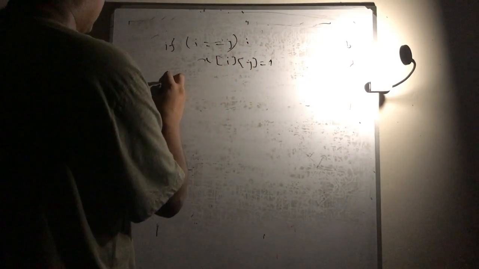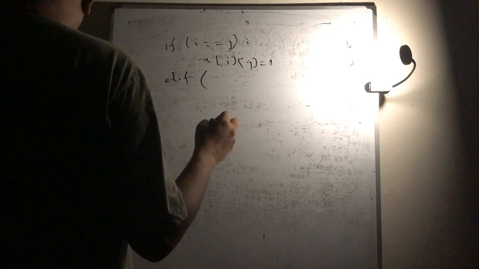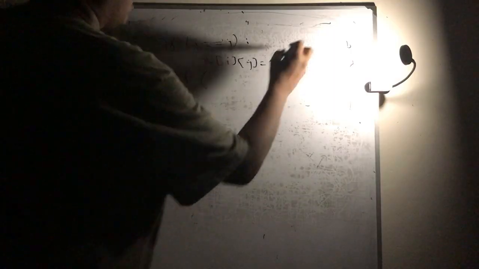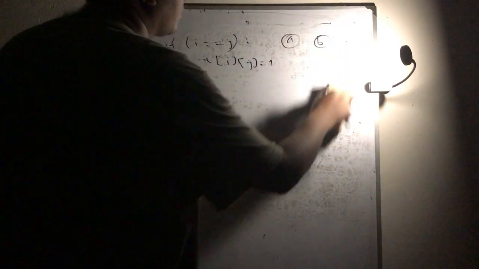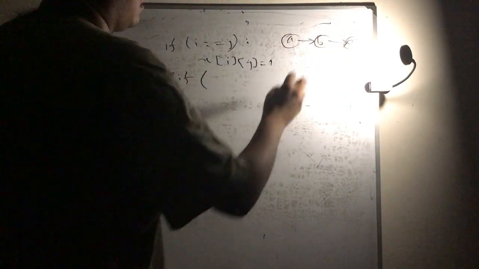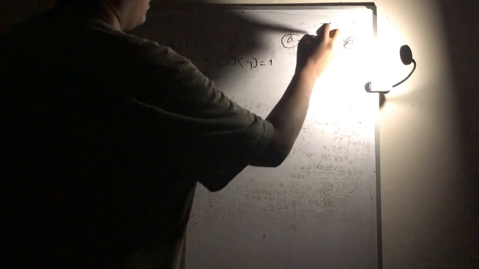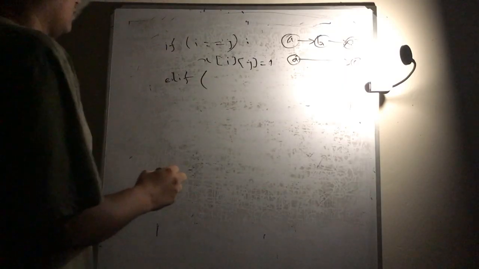Else if, suppose A, B, C, there is no direct path from A to C, but from A we can reach B, from B we can reach C.